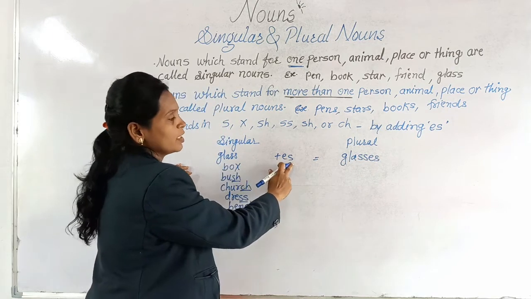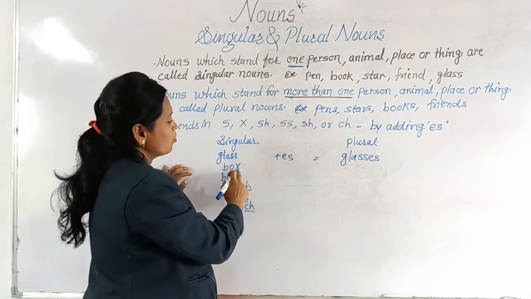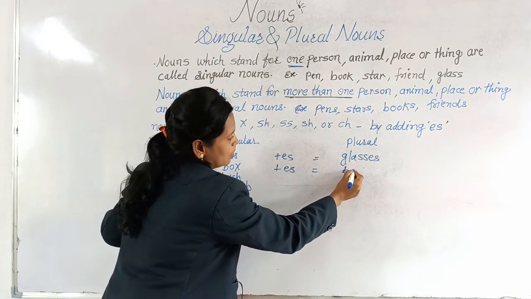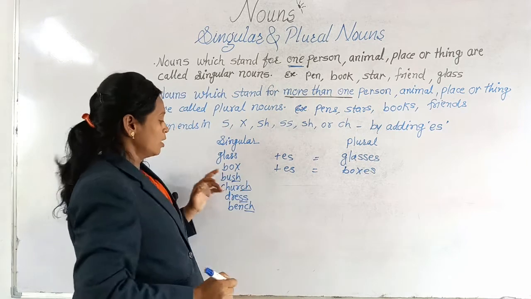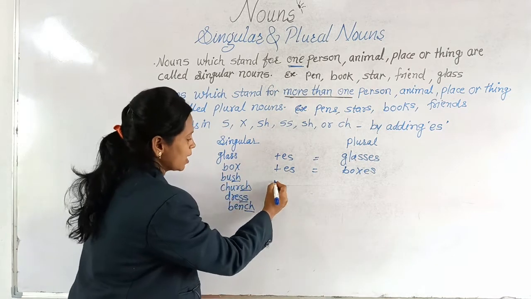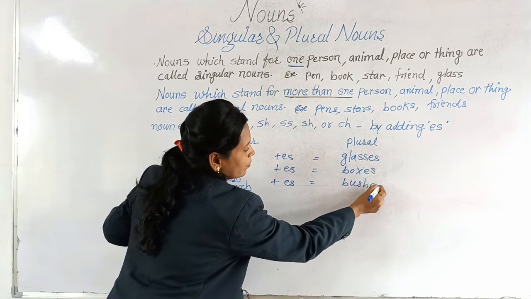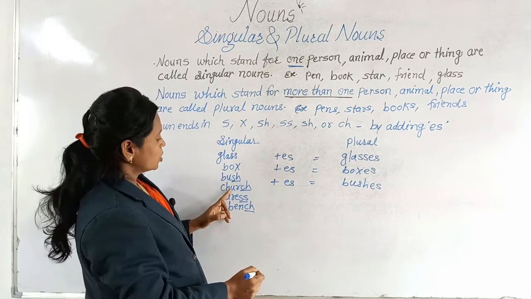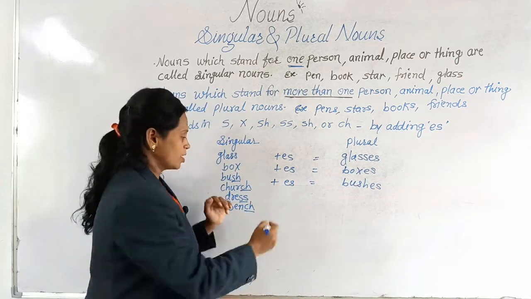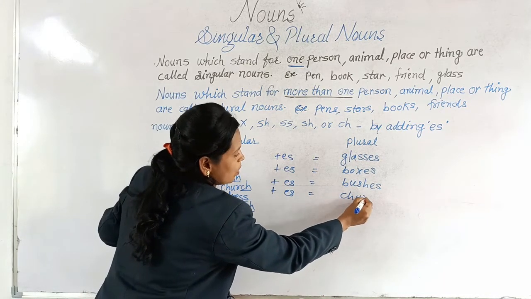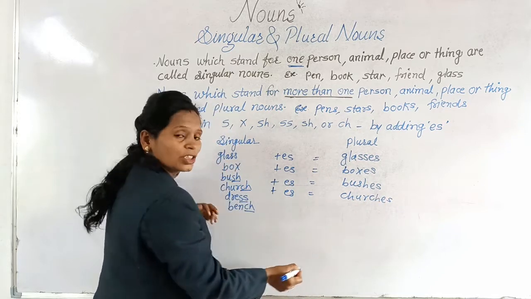Glass plus es, glasses. Then box plus es, boxes. Then bush plus es, bushes. Then church plus es, churches.